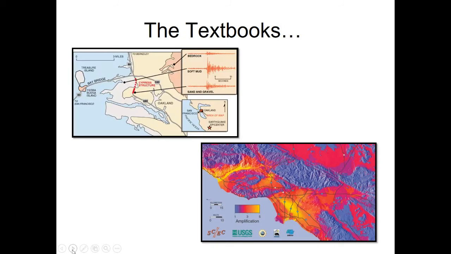So the textbook images are here. This is what shallow site response looks like. This is what deep basin response looks like. The textbooks aren't wrong per se, and these phenomena are well understood. The physics are straightforward. We have quite a bit of observation.